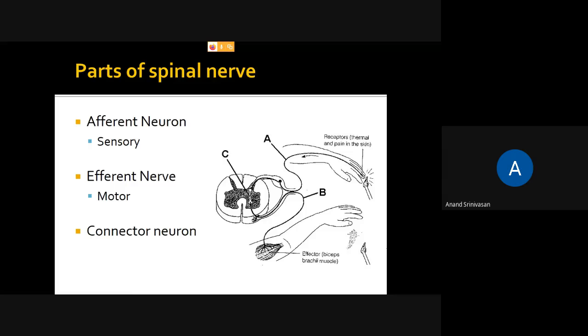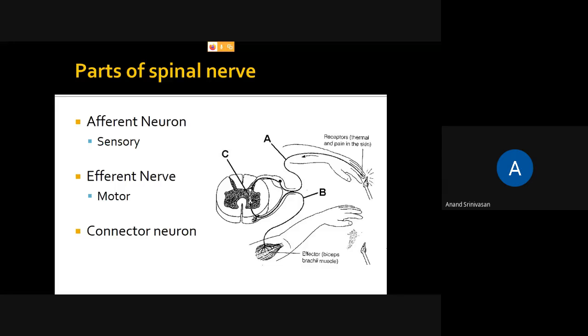It realizes that there is something hot over here. Then what does the person have to do? He has to move his hand away from the hot surface. So the motor impulses are passed to the muscles. The muscles contract and he moves his hand away from the hot surface.